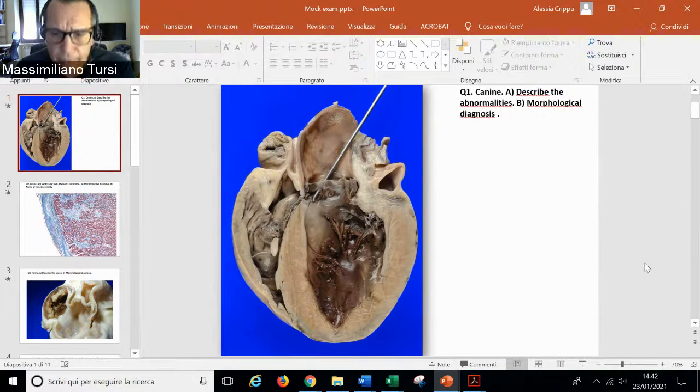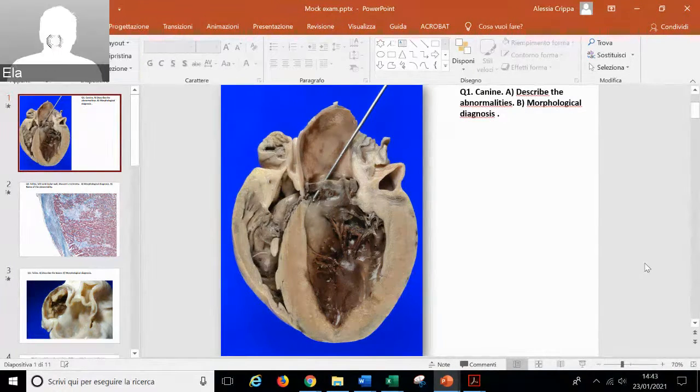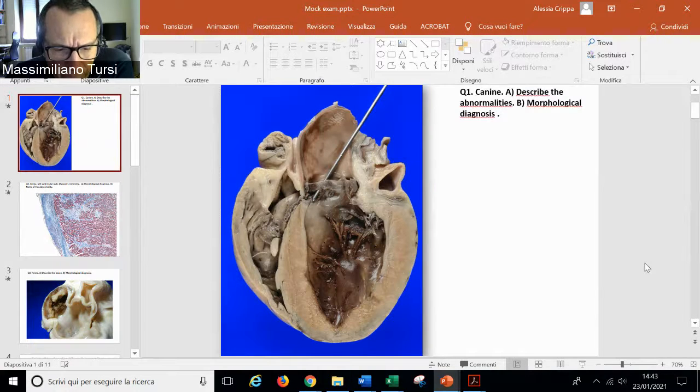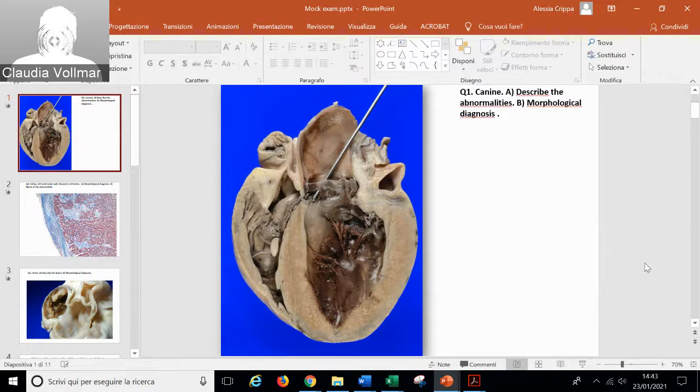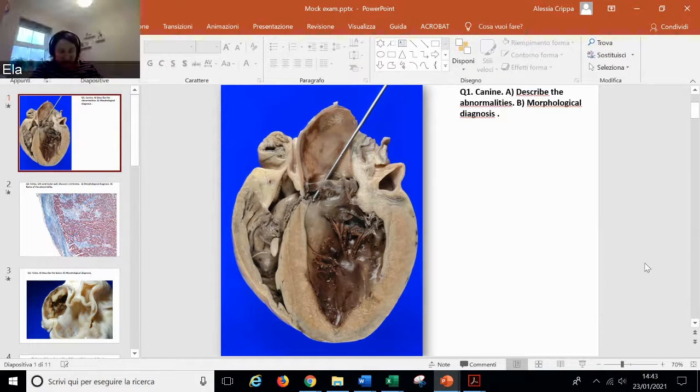What do you think? Elizabeth, is there Elizabeth? There is, hi. Okay, which is your answer? I think actually I got it quite wrong, to be fair. But how can you call it congestive cardiomyopathy?